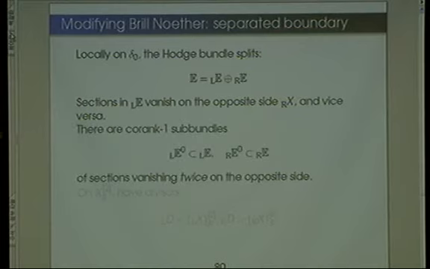And then it turns out that's not quite enough. You have to go a little further and look at even smaller subbundles consisting of sections that actually vanish twice on the opposite side. So the strategy is to do a birational modification of the Hodge bundle, so as to, I mean, these sections that vanish identically on one side or the other, they are somehow the root of the problem.